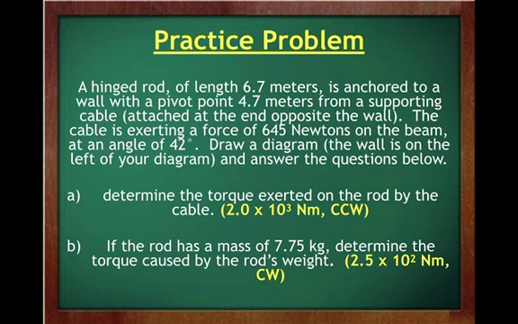Similar to the one we just did with the crane, we're going to find two things. One, determine the torque exerted on the rod by the cable, and two, given that the rod has a mass of 7.75 kilograms, determine the torque caused by the rod's weight. So let's start with that diagram.